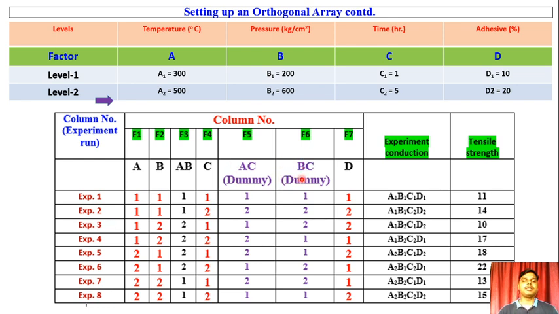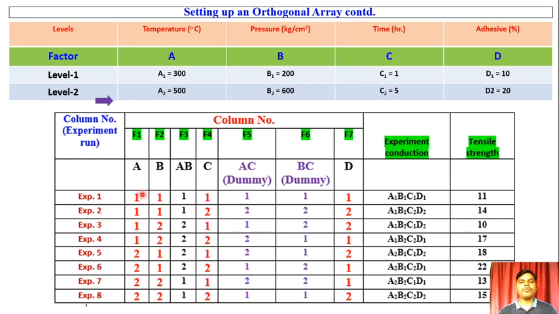As it is given in the problem that we are not concerned with AC and BC, these may be treated as dummy. We don't want to use them because they will not change the response to a greater extent; they will affect it to a very small extent. So we'll not be concerned with these 2 parameters AC and BC as per the given condition. We'll repeat the orthogonal array L8 table that we have chosen for our case.